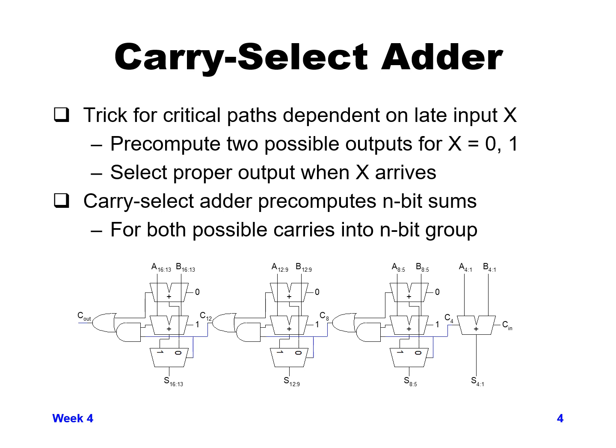So what you can do is pre-compute the answer as if the input that's late was both a 1 and a 0. You compute both results and have them sitting there waiting, and then you just select which result it is once the late input comes in. And so this saves you at least the very end delay time for the last bit.